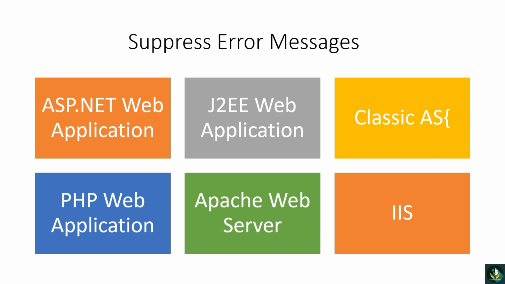PHP web application. In the php.ini file, set display_errors to off and additionally configure a default error document in the web server configuration. Refer to the instructions for Apache and IIS for that. Apache web server. Add the ErrorDocument directive to Apache that points to the custom page.